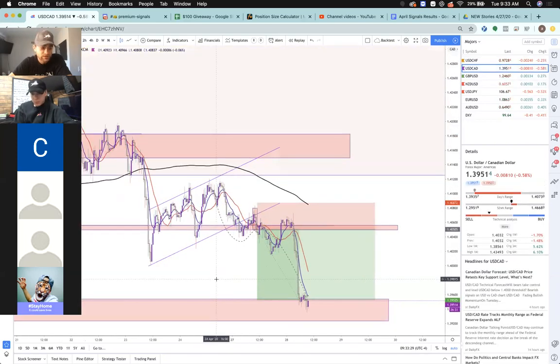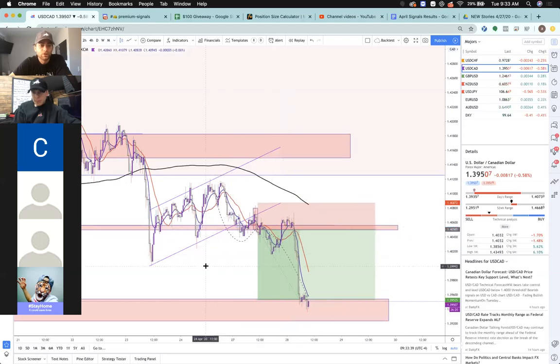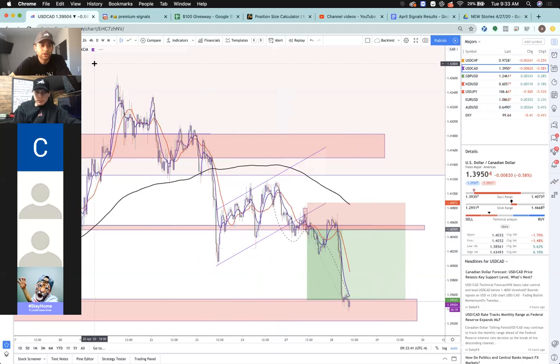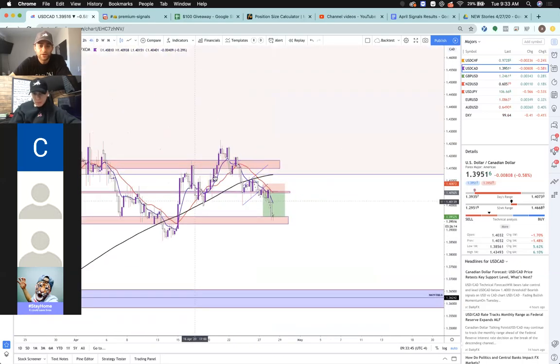Let's go over this trade from yesterday. Obviously, this thing played out with wicked accuracy, but I want to talk about what I was saying with this retracement, because we did have this pullback here. So going into the week on USD/CAD, we were bearish. We had to come back up into this zone, falling down.